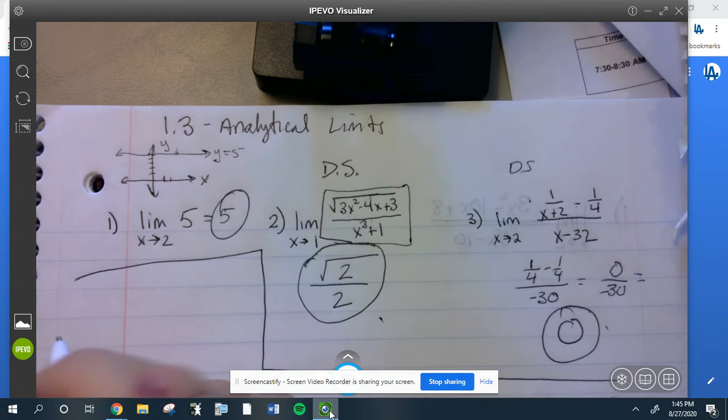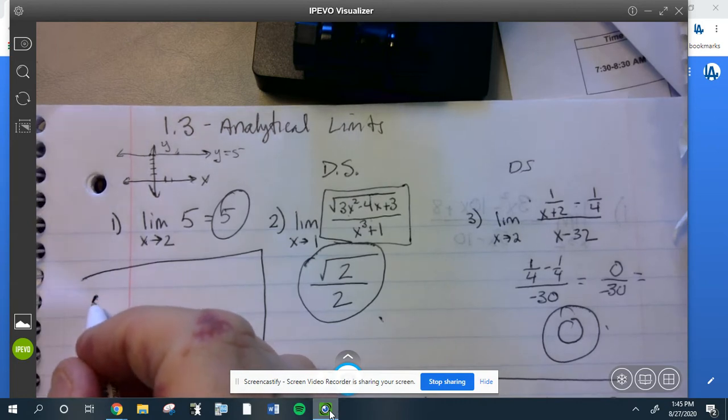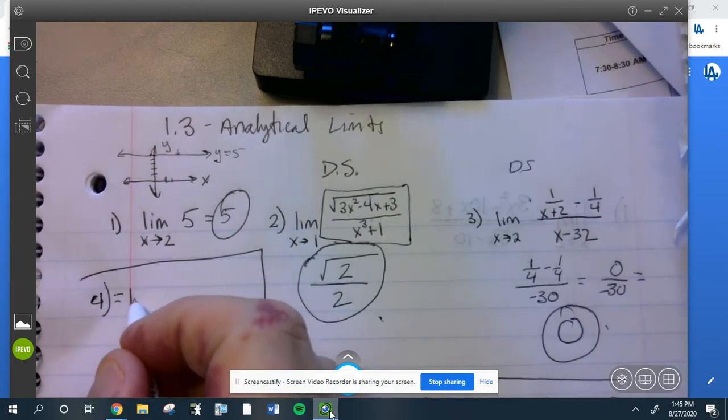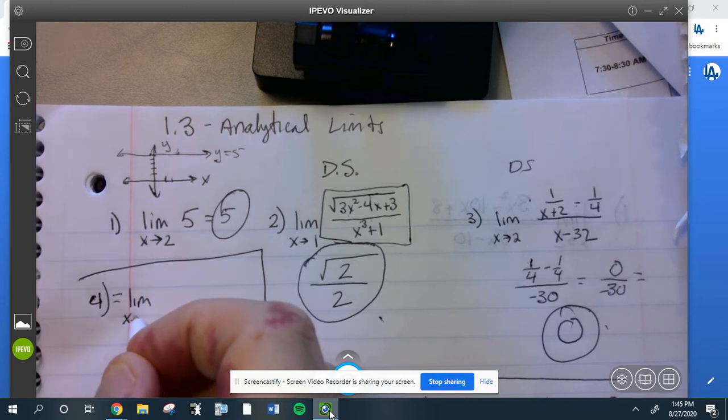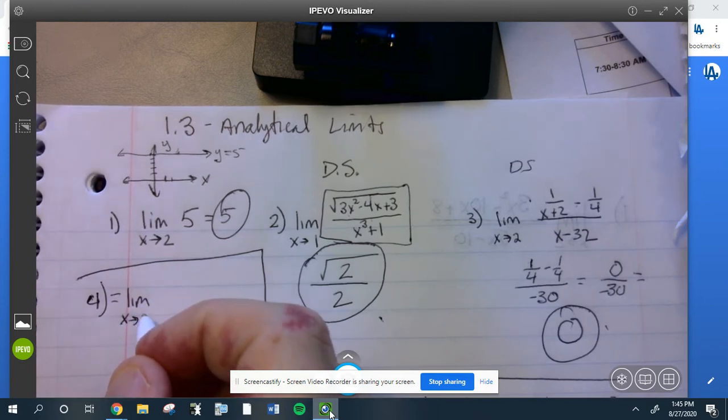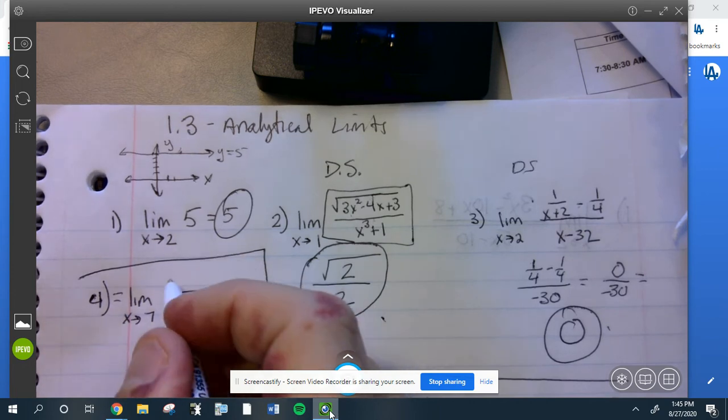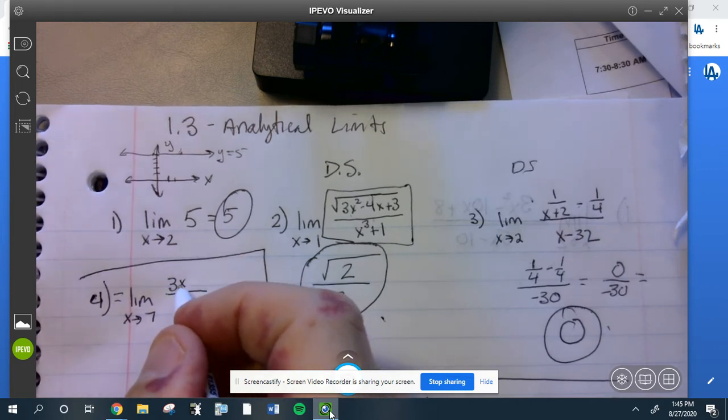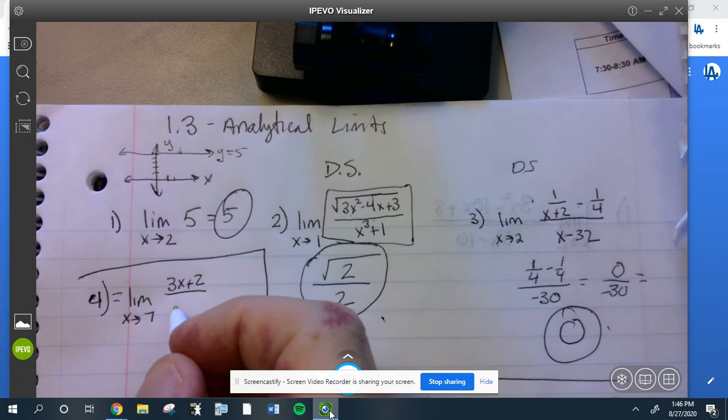Last example I wanted to show you is example number 4, limit as x approaches 7 of 3x plus 2 over 2x minus 14.